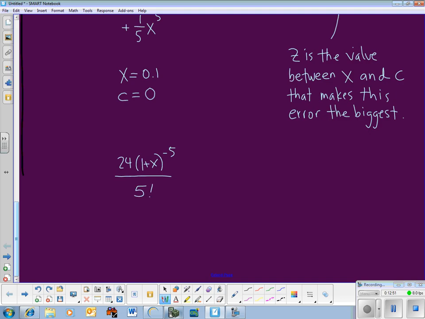And our next power would have been (x minus c), I'm just going to leave it as c for just a second, to the 5th power. So this is the Lagrange form of the error. It's the next derivative, the next factorial, and the next power. Now this z thing, z is the number between x and c, and it's almost always either x or c that makes this the biggest.